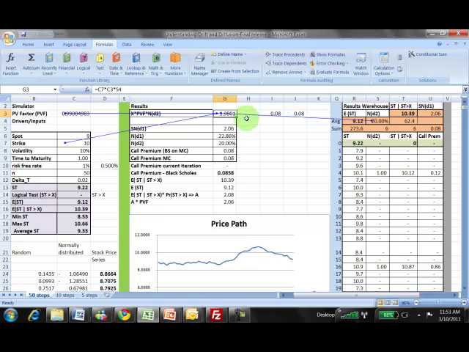Now with ND2, the second piece that we need to look at is ND1. So where does SND1 come from?